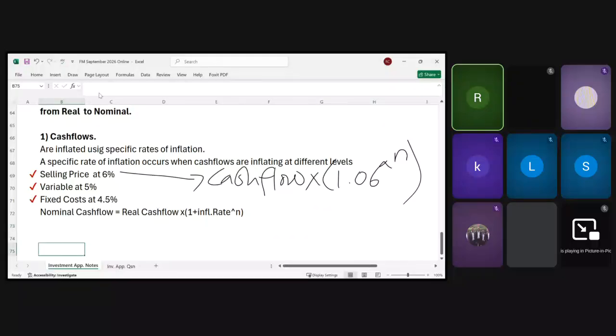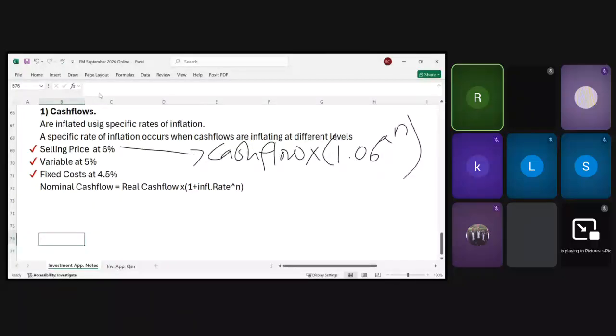I want us to have an example on inflating the cash flows using the specific rates of inflation.